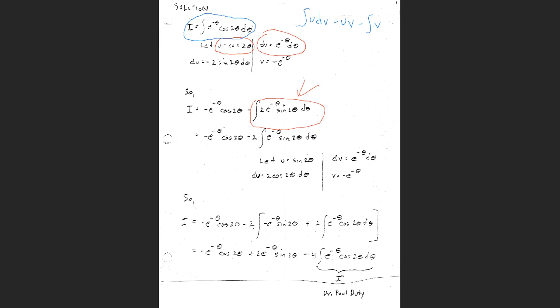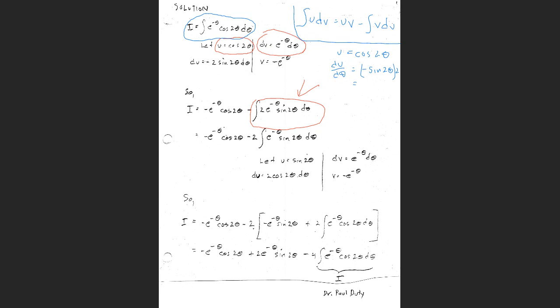Sounds good. Good question. So integration by parts is the integral of u dv equals uv minus the integral of v du. Now remember, when u is equal to cosine of 2 theta, du d theta is going to equal negative sine of 2 theta times 2 by the chain rule.